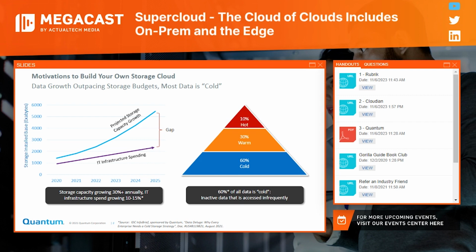But there's a lot more flexibility in how you think about your data management strategy for warm and cold data, particularly as we think in terms of edge, core, and cloud. This is a very fertile environment where you can innovate within your own on-prem data center to reduce your costs and provide greater flexibility as you consider multi-cloud environments. So, next slide.